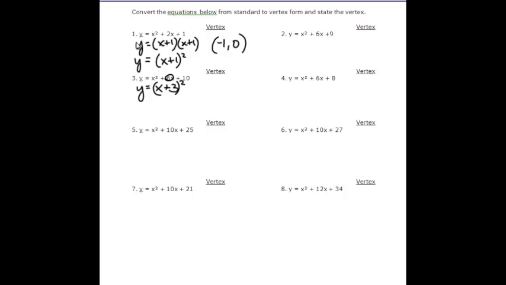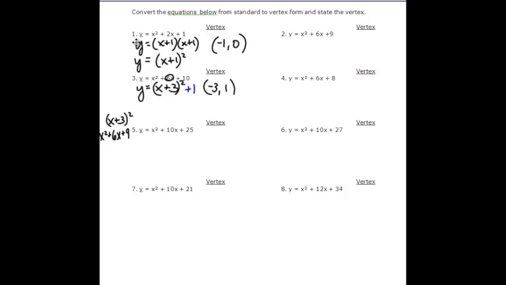But if I multiply out x plus 3 quantity squared, I get x squared plus 6x, which I love, but then I get plus 9, and I really don't want plus 9. I want plus 10. Well, what's to stop me from just saying, I'll add that one there? And that's going to give me my vertex then of -3, 1.